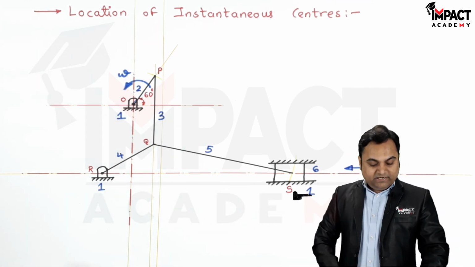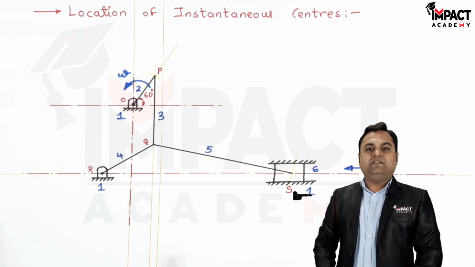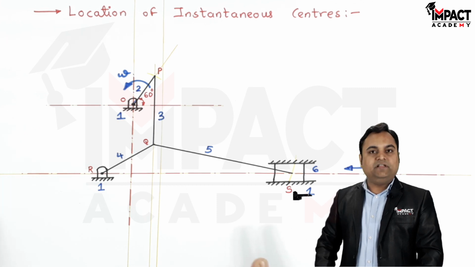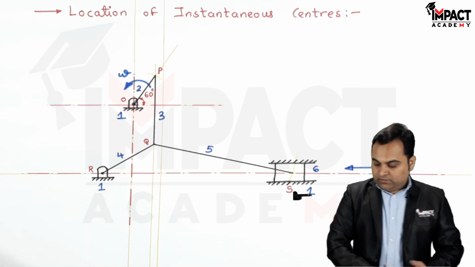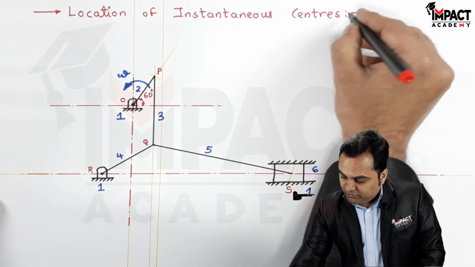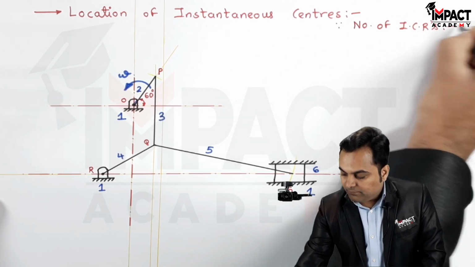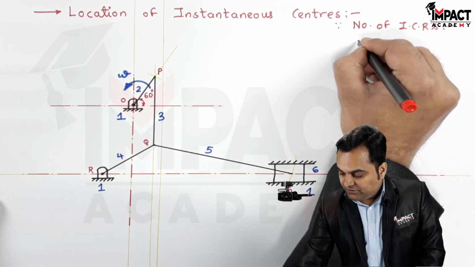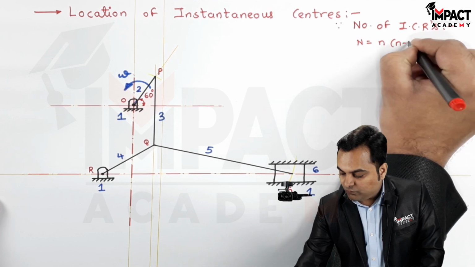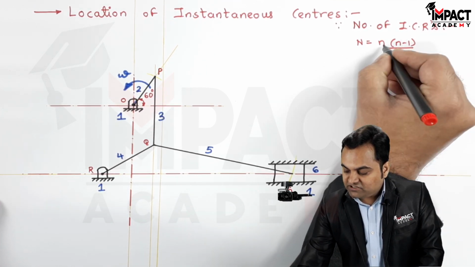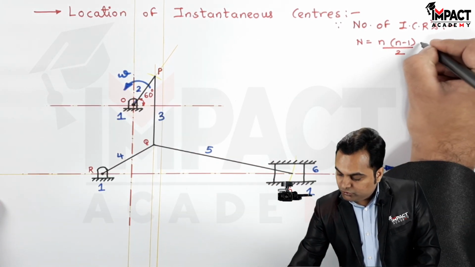Now once we know that the number of links are 6, we can easily calculate how many ICRs are there in this problem, and then I would be locating them in a proper sequence. The formula for locating the ICRs is that the number of ICRs or instantaneous centers, denoted by capital N, is equal to small n into n minus 1 divided by 2, where this small n indicates the number of links, and as we know here it is a 6 link mechanism.